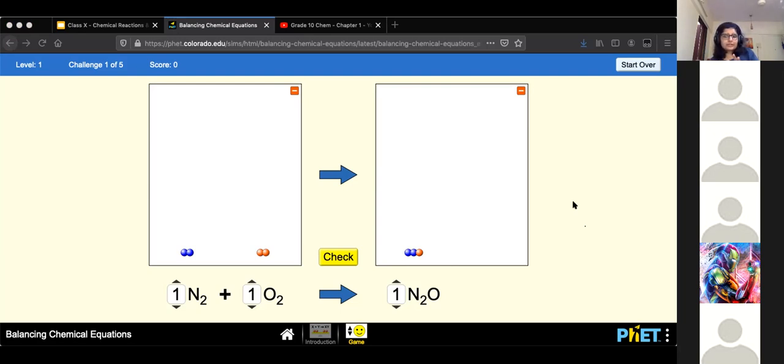I'll make you guys balance those chemical equations. Okay. So for now, I'll just start doing this. But when it comes to balancing, do you guys feel like, okay, now I've gotten it, you've understood why you're balancing and what is the logic behind balancing?